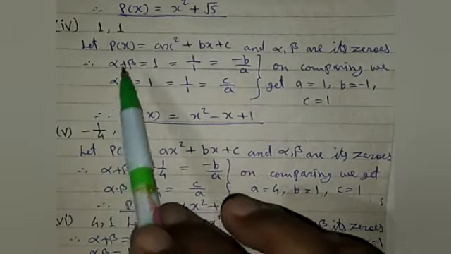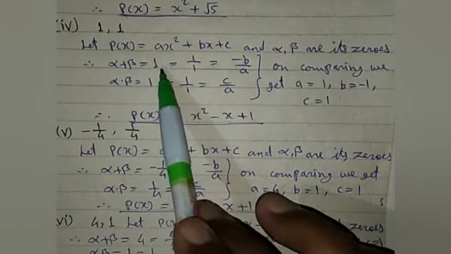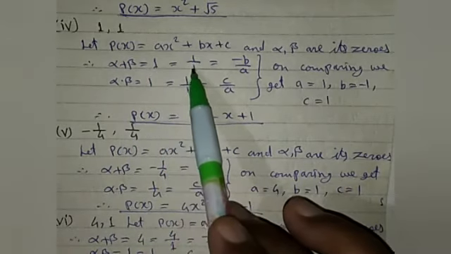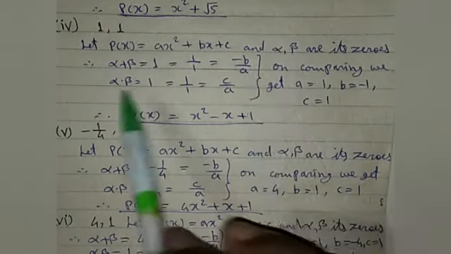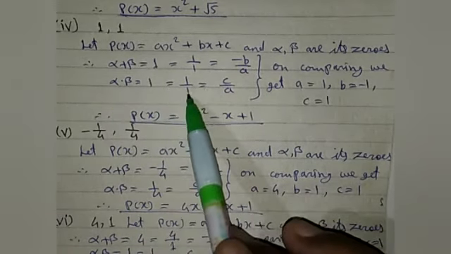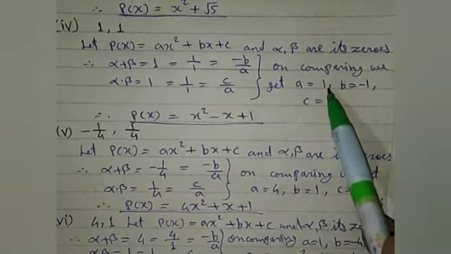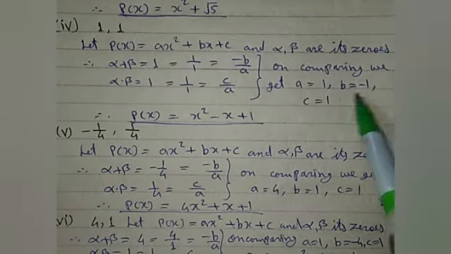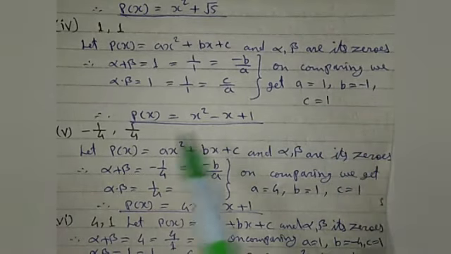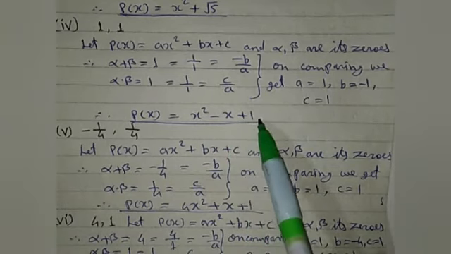In the fourth part, the sum of zeros, alpha plus beta, is equal to 1, and it can be written as 1 upon 1, which is equal to minus b upon a, and alpha into beta is also 1. It can also be written as 1 upon 1, that is equal to c upon a. On comparing both relations, you will get a equal to 1, b equal to minus 1 and c equal to 1. So the polynomial will be p(x) equal to x square minus x plus 1.